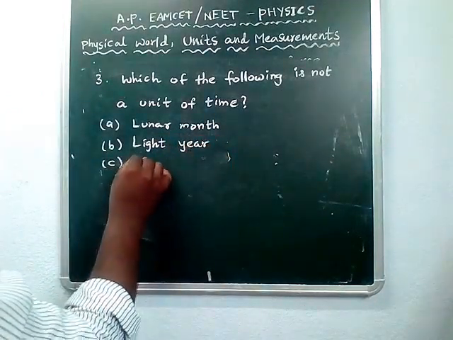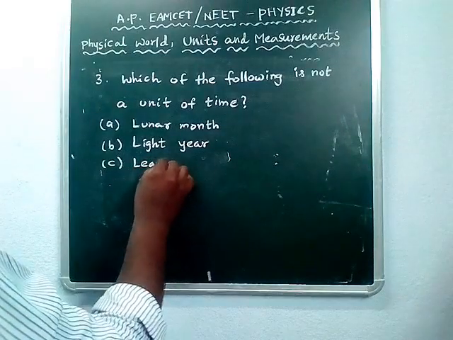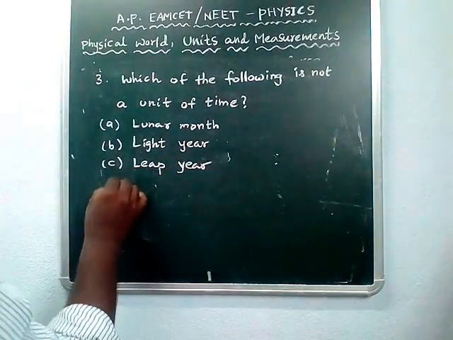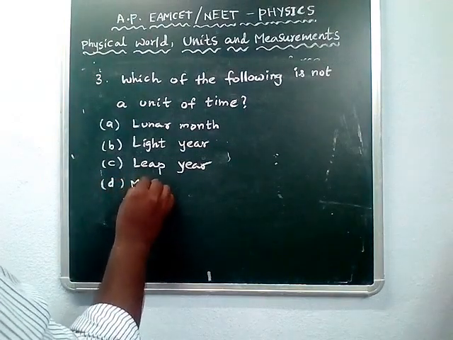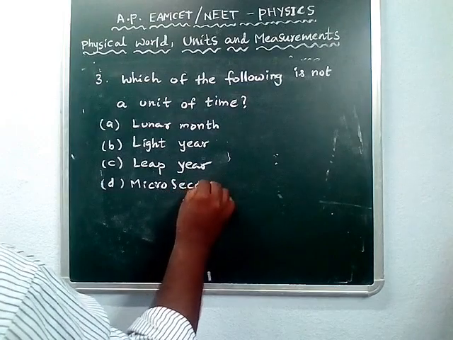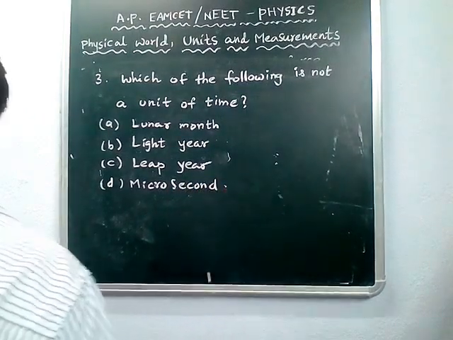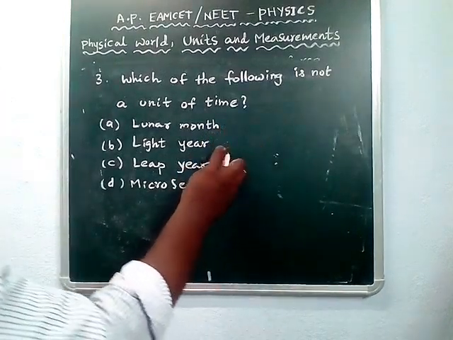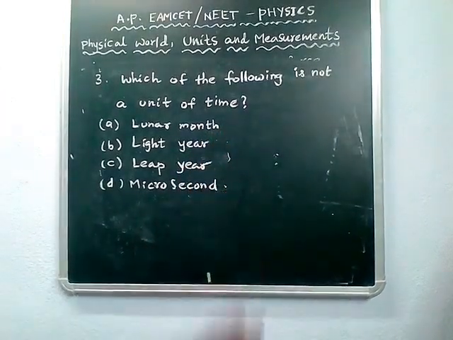Option C, leap year. Option D is the microsecond. Understand? So the first one is a lunar month, then light year, leap year, microsecond.